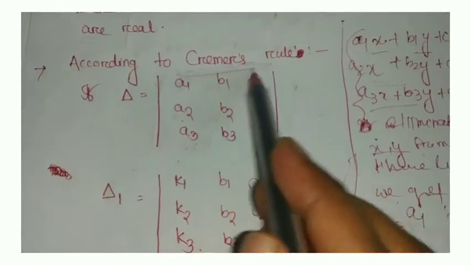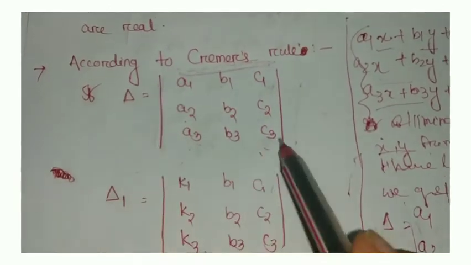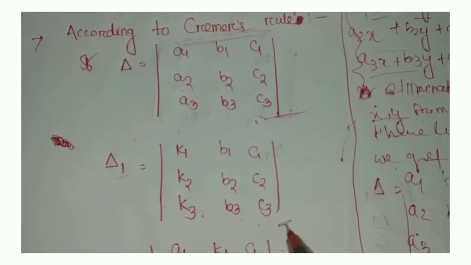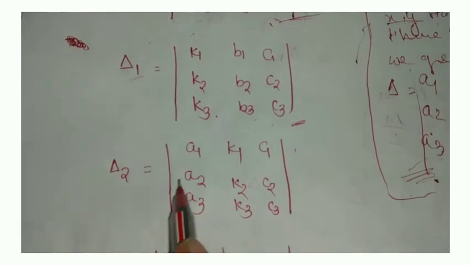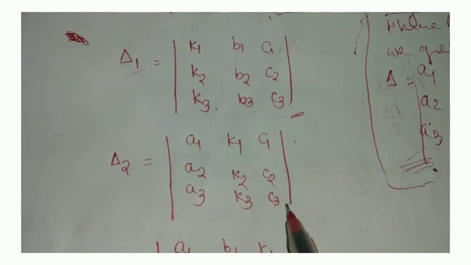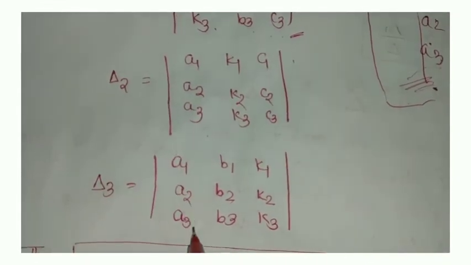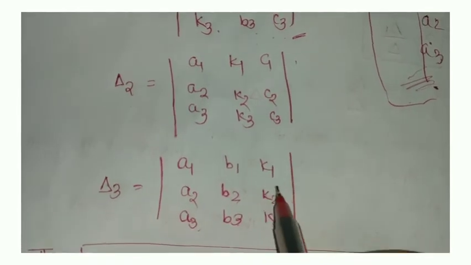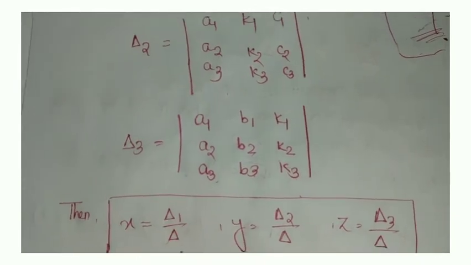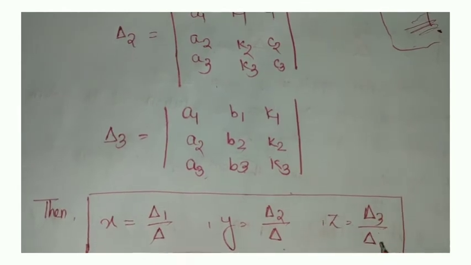According to Cramer's rule, if del is equal to this determinant, del 1 is equal to k1, k2, k3 with b's and c's, del 2 is equal to a1, a2, a3, k1, k2, k3 and c1, c2, c3, and del 3 is equal to a1, a2, a3, b1, b2, b3 and k1, k2, k3, then we have the solution x is equal to del 1 by del, y is equal to del 2 by del, and z is equal to del 3 by del.